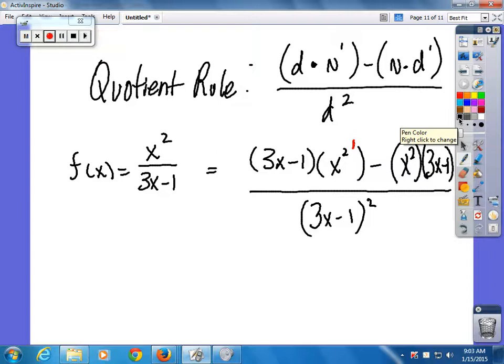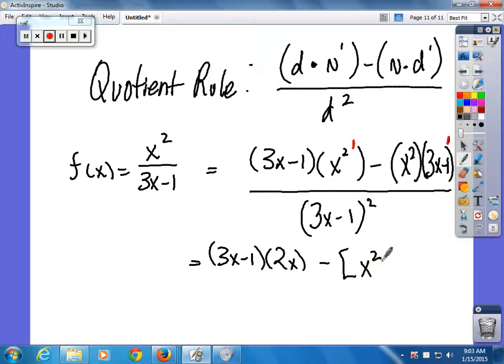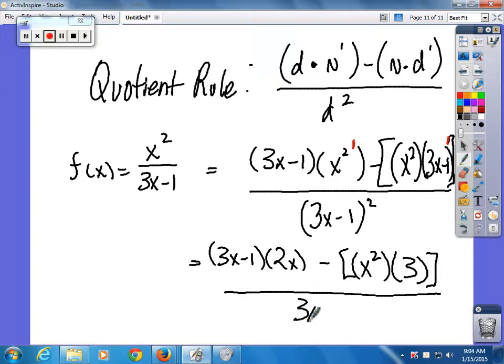So that's going to give you 3x minus 1. And what's the derivative of x squared? 2x minus brackets x squared times, what's the derivative of 3x minus 1? 3, over 3x minus 1 quantity squared.